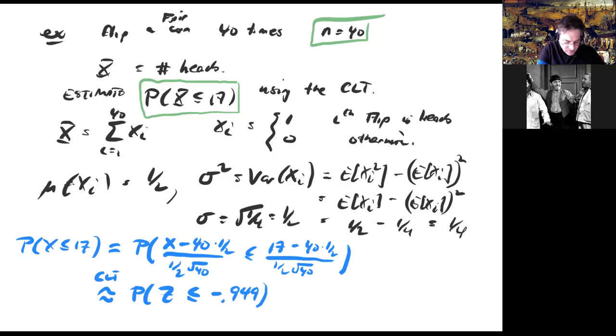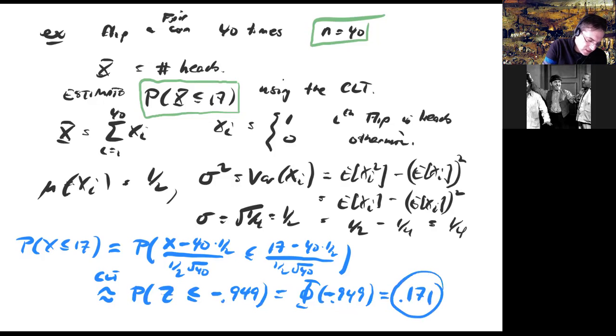And now that's phi of negative 0.949, which is about 0.171. So about 17% of the time, you could expect to get 17 or fewer heads. Okay, so that's problem one I wanted to do.